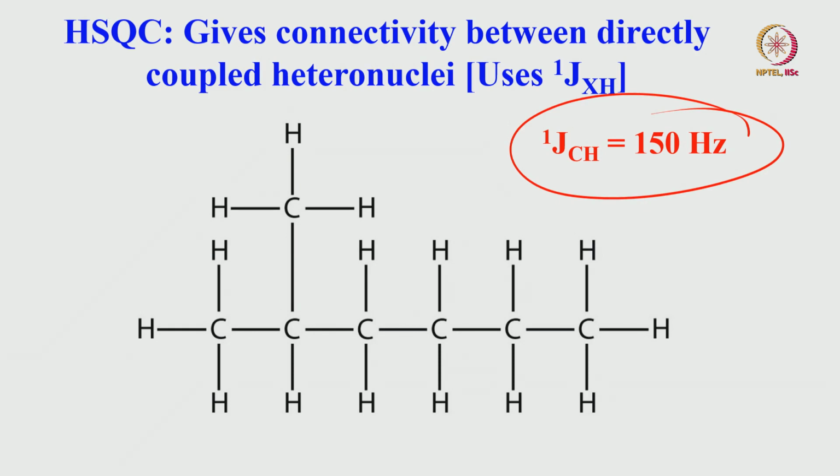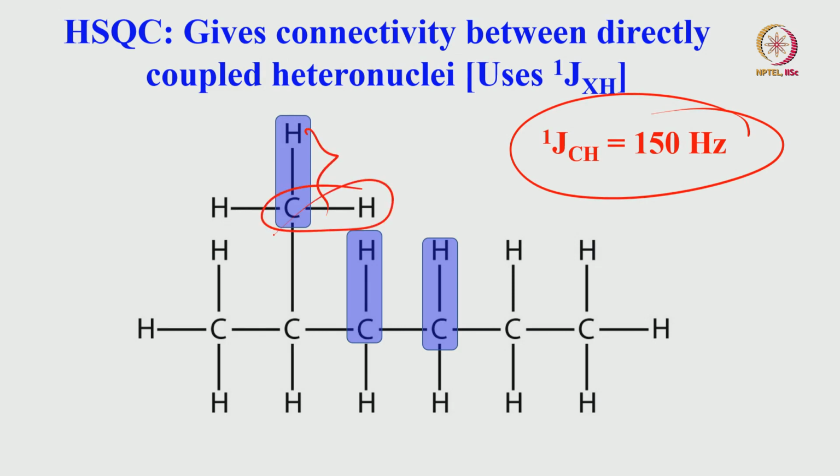In a molecule like this, I can get a correlation between this carbon and this proton, or this carbon and this proton, doesn't matter. I can get the correlation information. One bond, directly bonded, that is HSQC. And it uses the concept that there is a one bond coupling between carbon and proton.